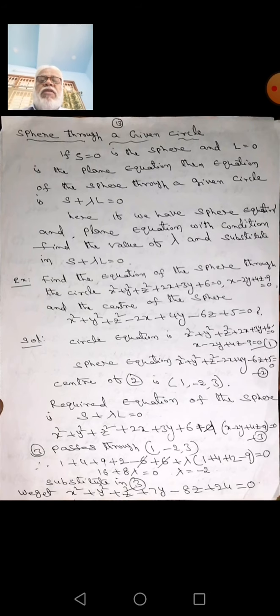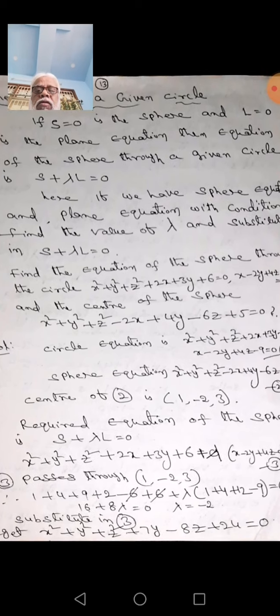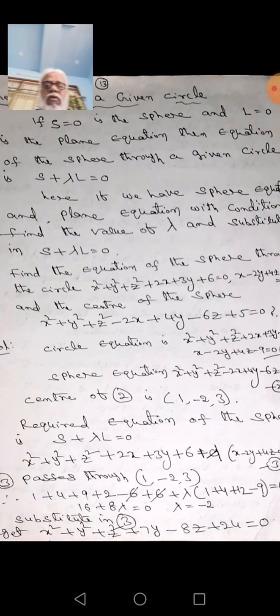So this is the equation, for the condition of passing through this circle, passing through the sphere and having its center on the sphere.